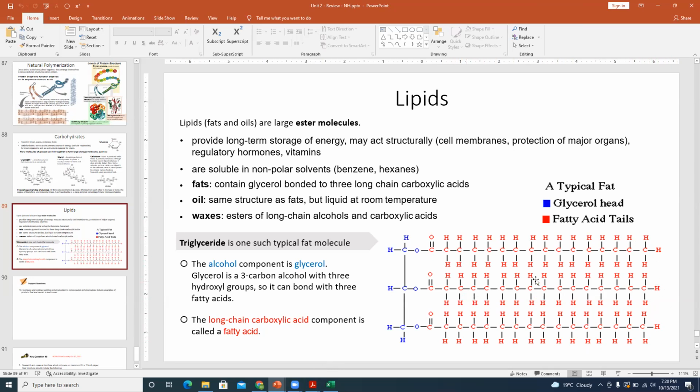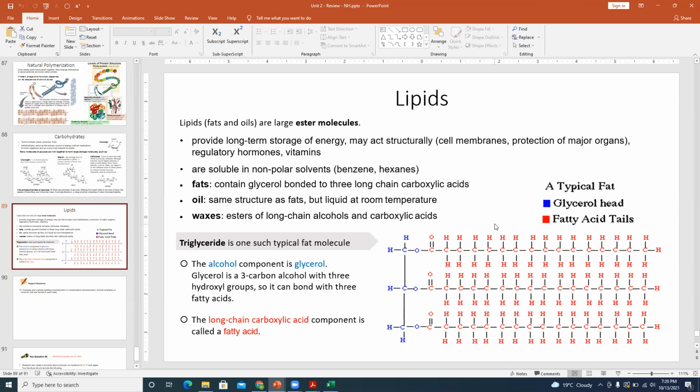They don't have any oxygens, or anything that would be happy making hydrogen bonds in water. So this major part of the molecule would be much happier in nonpolar solvents such as benzenes and hexanes.